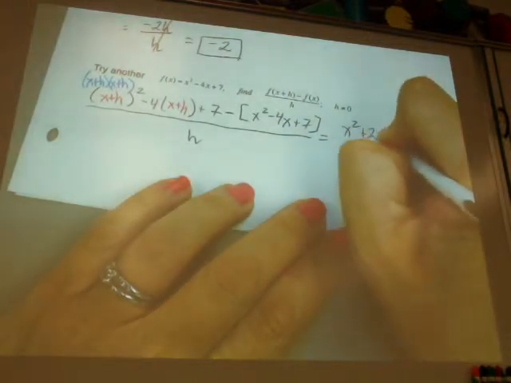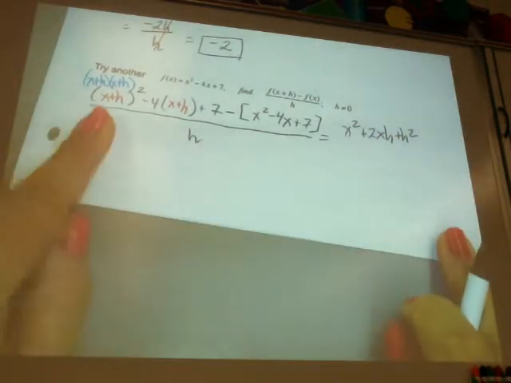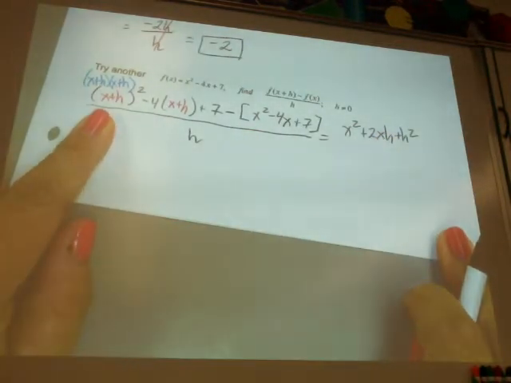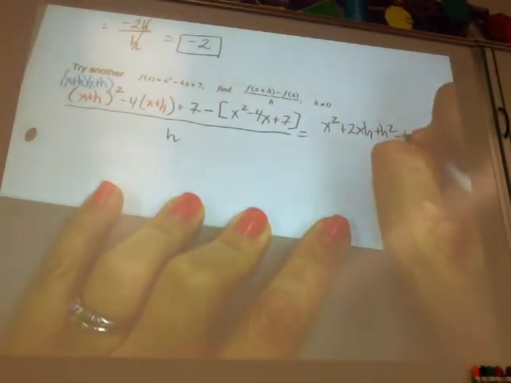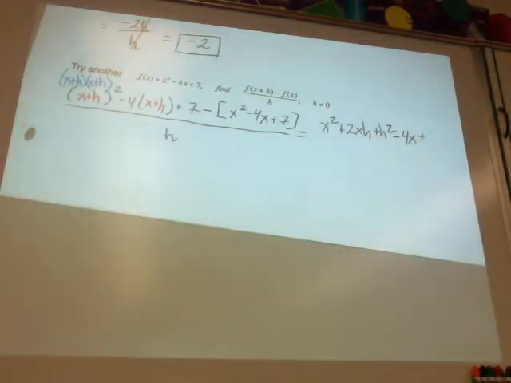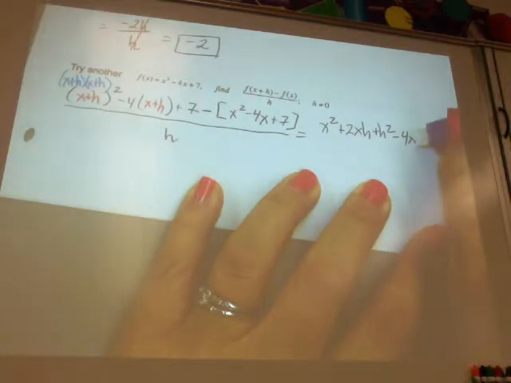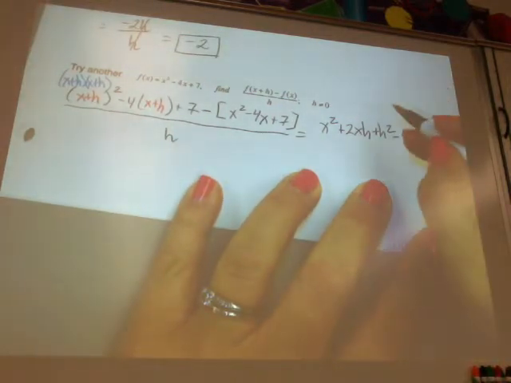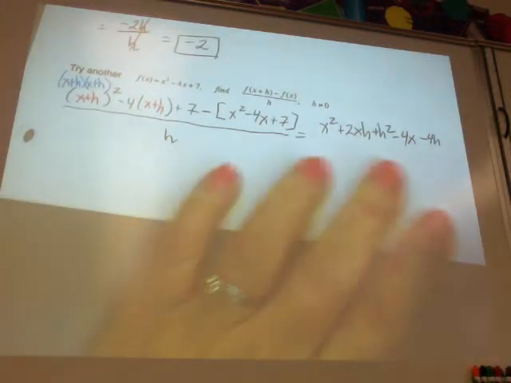So plus 2xh, and then what's your last term? H squared. So that's just x plus h squared. That's the hard part, don't mess it up. Then distribute your negative 4, and then plus 7.